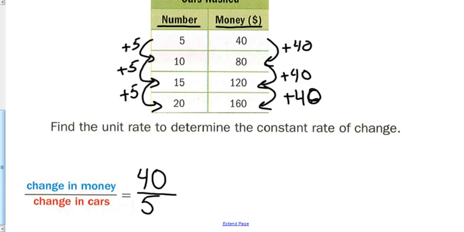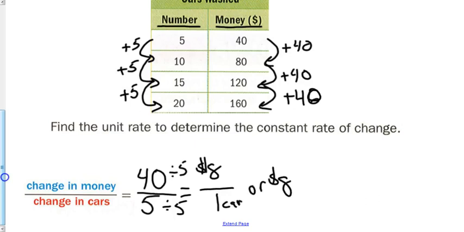And if we reduce that to its unit rate, where we have a 1 on the bottom, 5 reduced to 1, we divide by 5. 40 divided by 5, because that's what we did with the 5 below, and we get $8 per one car, or we can write that $8 per car. So what does this mean? This means that for every car that goes to the car wash, their money increases by $8.